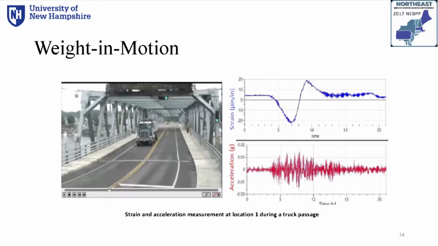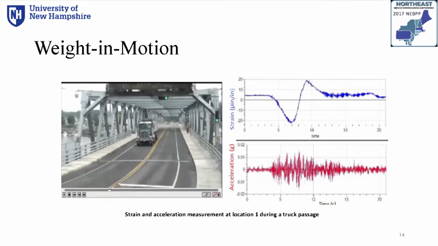This is a typical example of a truck passage at the mid-span of the bridge on the top chord. Here we will see that the maximum strain and maximum acceleration response occur when the truck gets closer to the sensor.